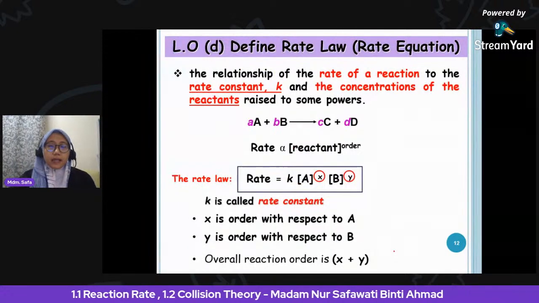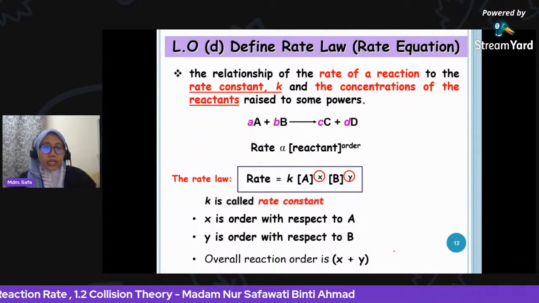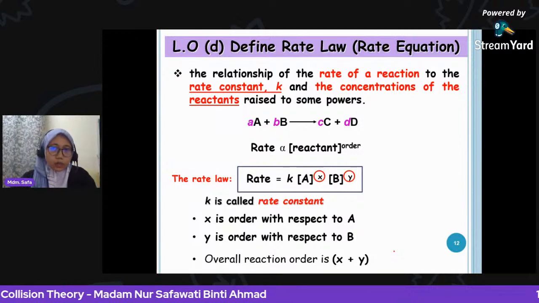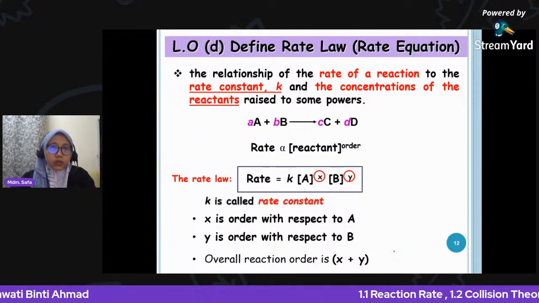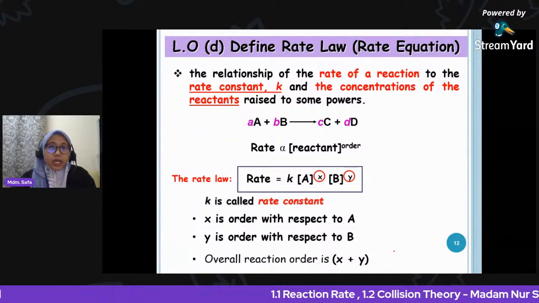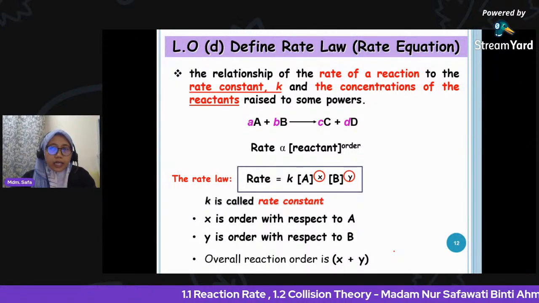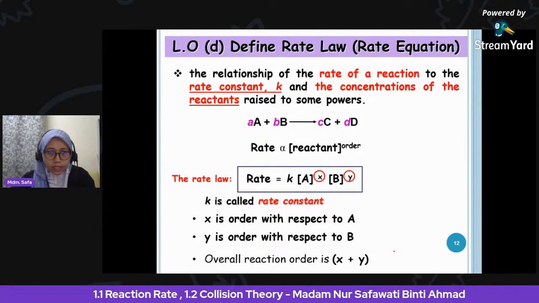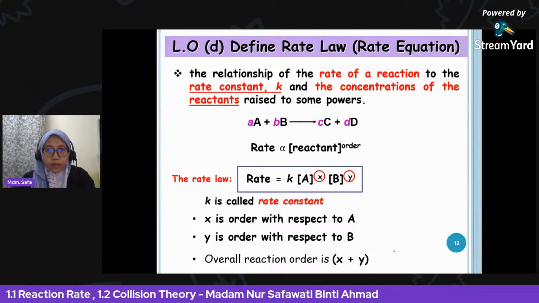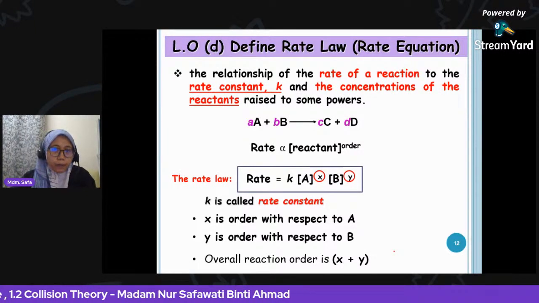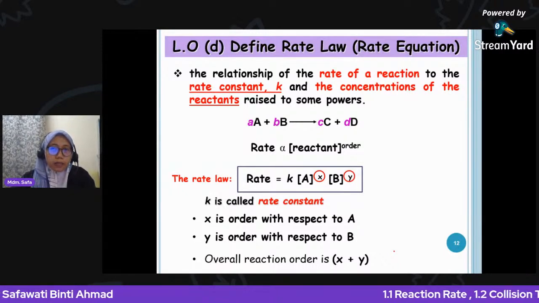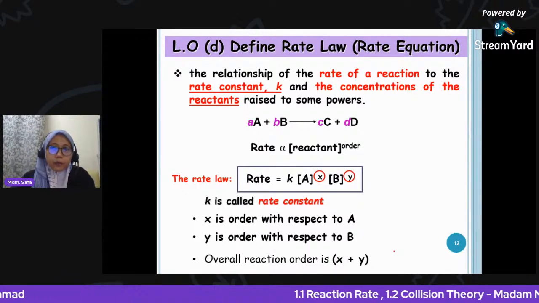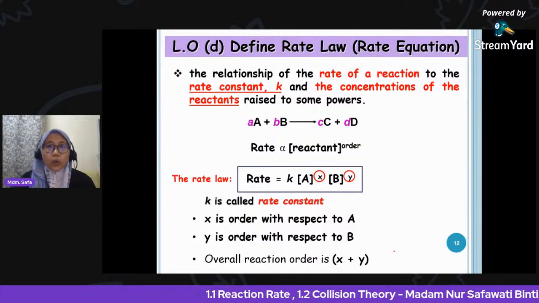Alright. And then D, kita tadi dah cover yang C sekali lah, kita terus buat pengiraan untuk yang LOB. So sekarang kita terus pergi kepada D. Define rate law. Tadi adalah differential rate equation, it involves both the reactants and products. But for this one, kita tengok pula macam mana dengan rate law, ataupun dalam arti kata lain adalah rate equation.